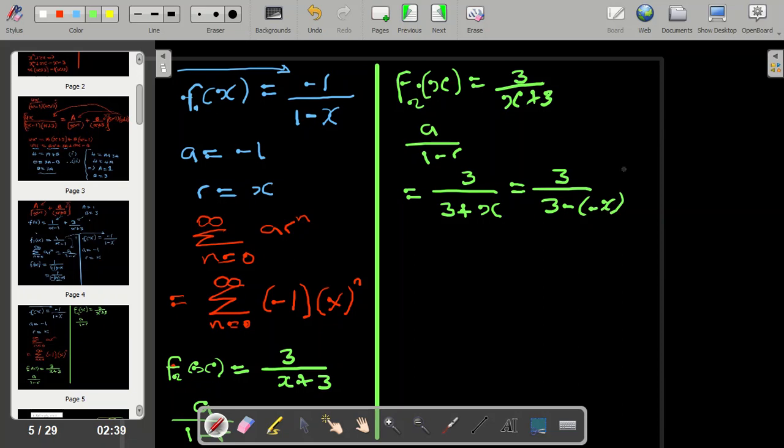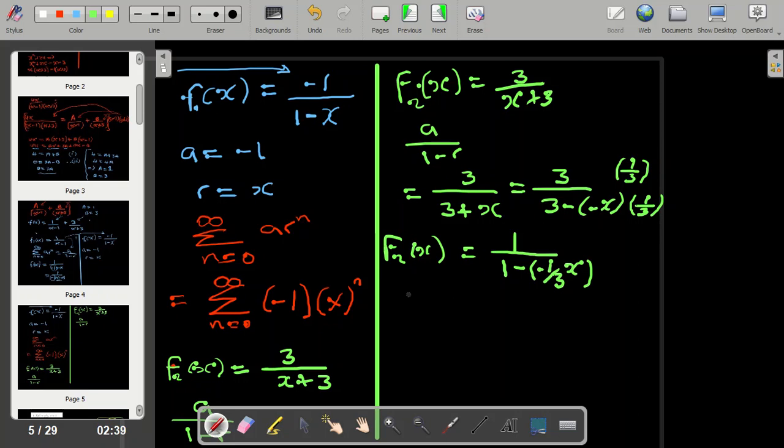Then we can multiply the numerator with 1 over 3 and the denominator also with 1 over 3. If we do that, our f2 of x will then be equal to a 1 on top, divided by a 1 there, minus negative 1 over 3 of x.